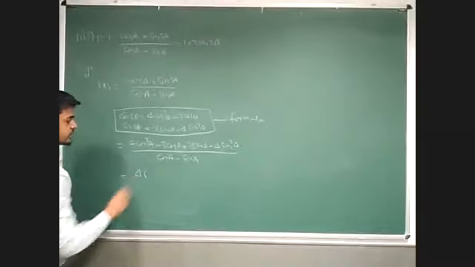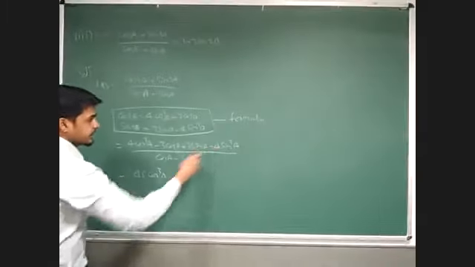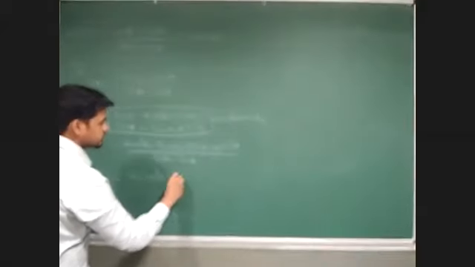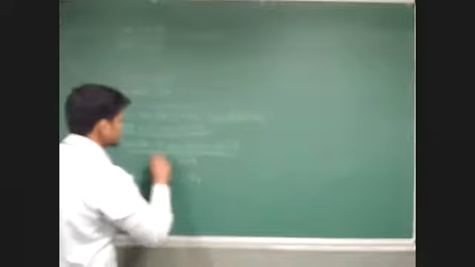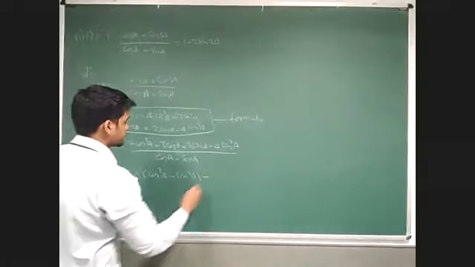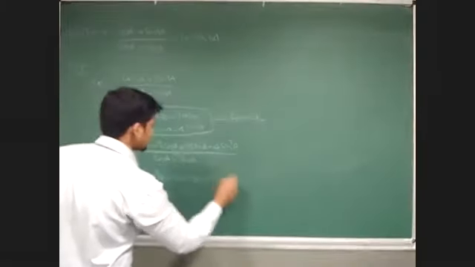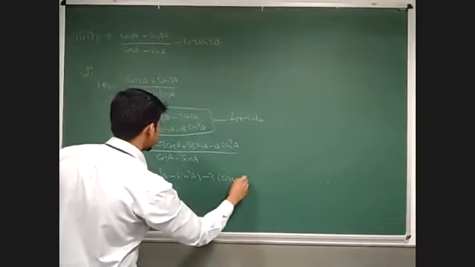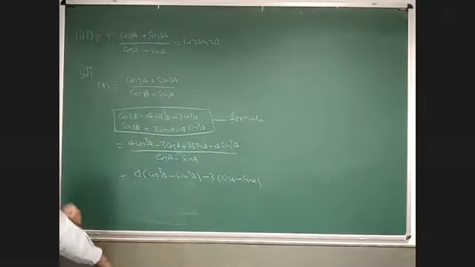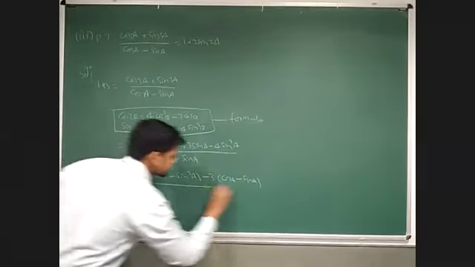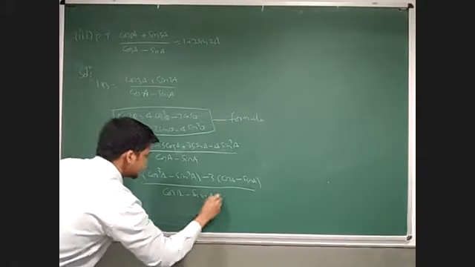So here I am taking 4 as common: 4 (cos cube a minus sin cube a). Now here I am taking 3 common: 3 (cos a minus sin a). And below, cos a minus sin a.